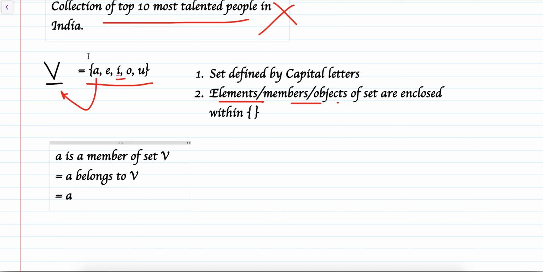Both are same, and in notation we will write it as A, and we have a symbol like this which denotes belongs to. So we can also write it as A belongs to V. So all three are same things. All three are basically different ways of saying things.